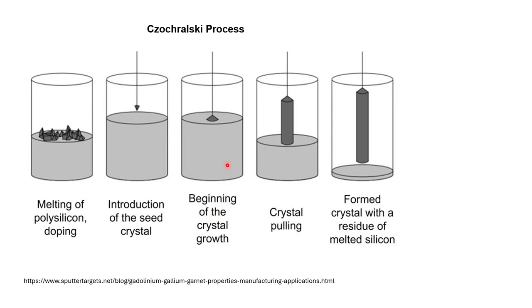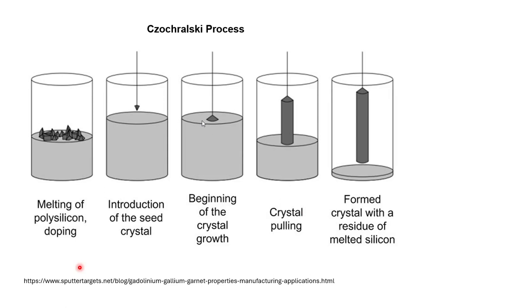The seed crystal will be rotated in one direction, and the cylinder in which the melt is kept will be rotated in the opposite direction. That's how the crystal pulling works. As we move up, the silicon melt will start to solidify.